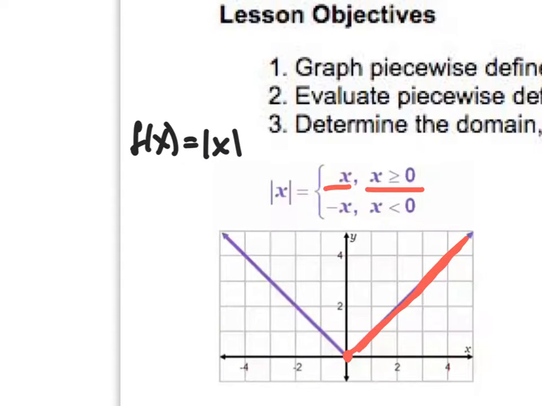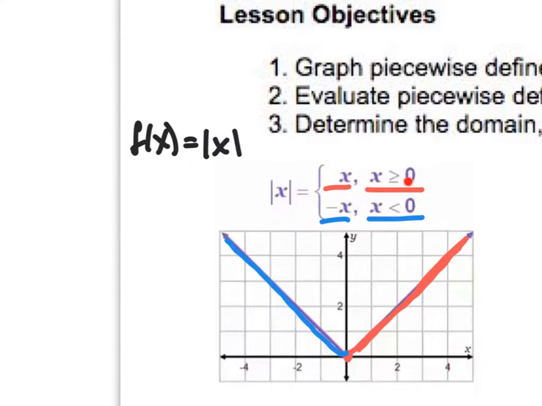But when x is less than 0, when x is negative, you have the graph of negative x, where you have a slope of negative 1 and y-intercept of 0. And so you get this. That's the idea, that I have two different graphs, one in blue, one in red, but they are defined over a specific interval.